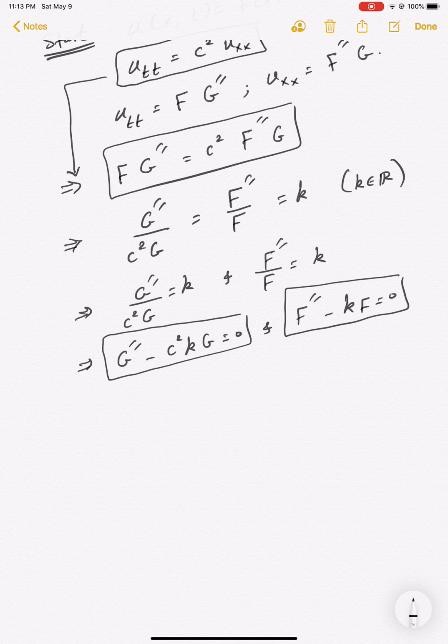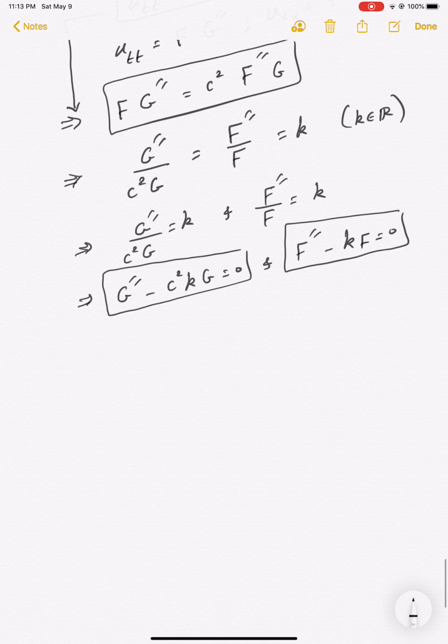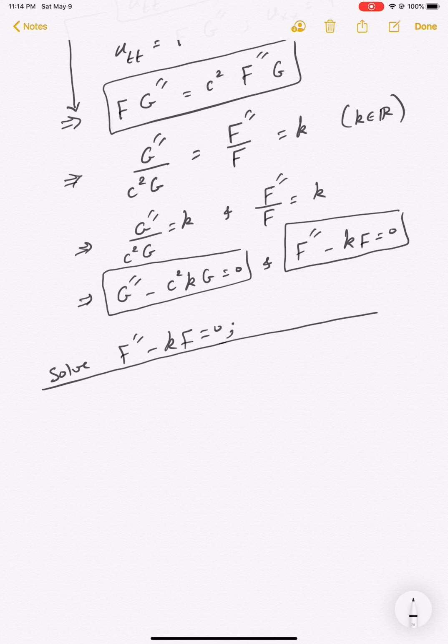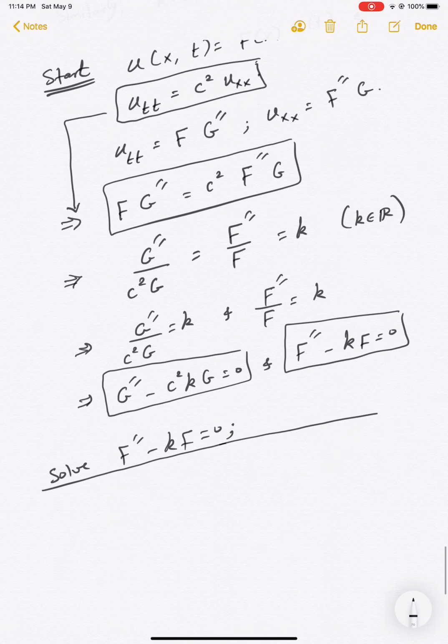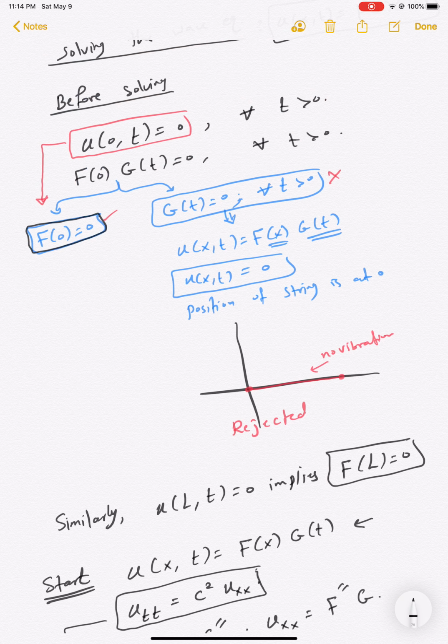So now what we do is we start solving these differential equations. So now we solve f double prime minus kf equals 0, then we solve g double prime minus c squared kg equals 0. But I'm going to start with f double prime minus kf equals 0, and the reason is what we did before we started solving. Remember, before we started, we had this condition and this condition, right?